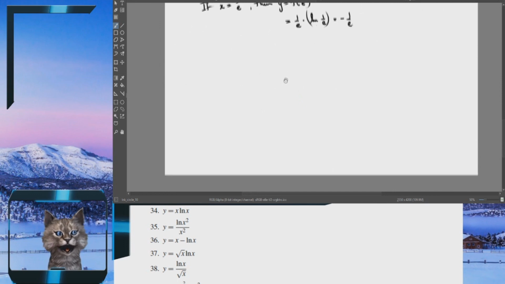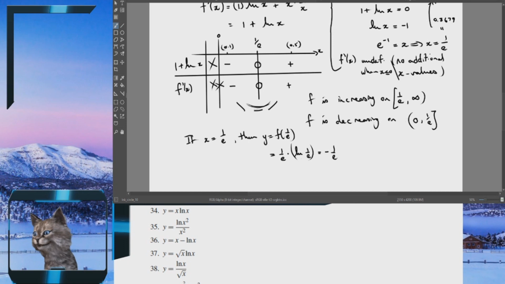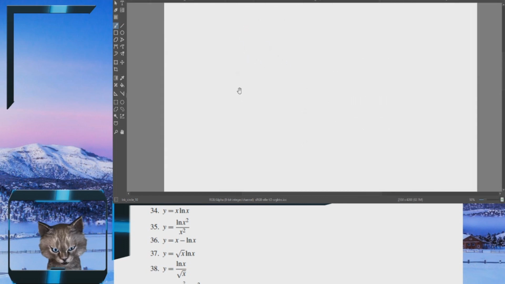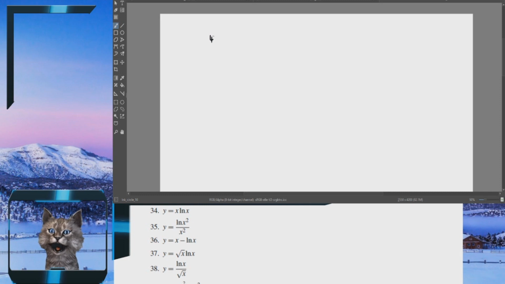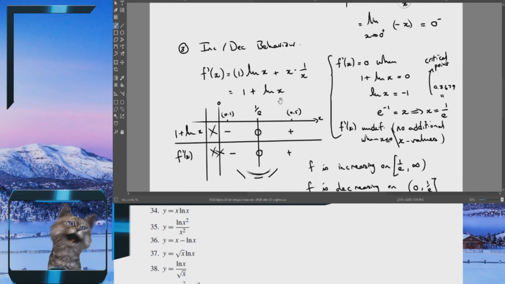We just need confirmation from our concavity step. I'm just going to make a new page to make sure I can fit that in. So step 4, concavity. I'm looking to find the second derivative, and I'm going to pick the most convenient, best looking first derivative, which is going to be this guy, obviously.